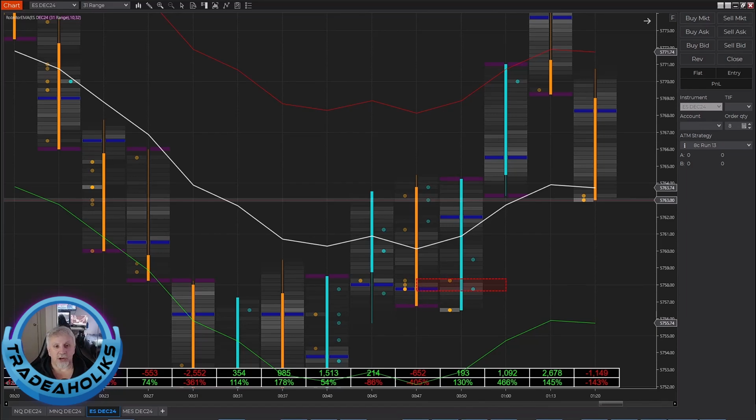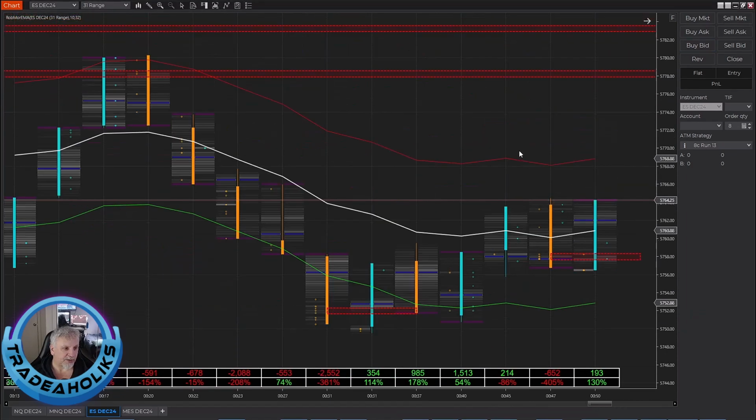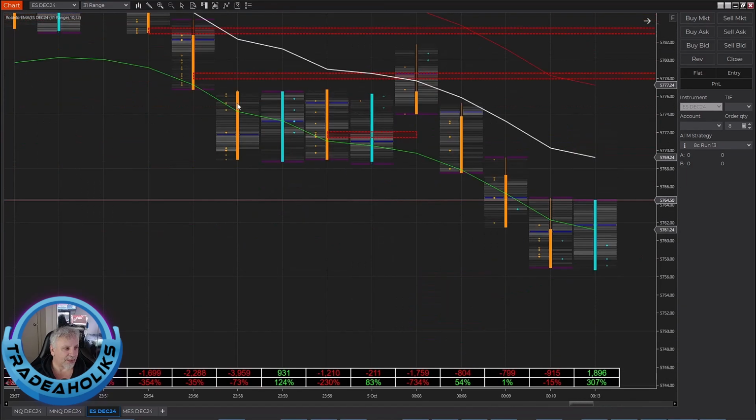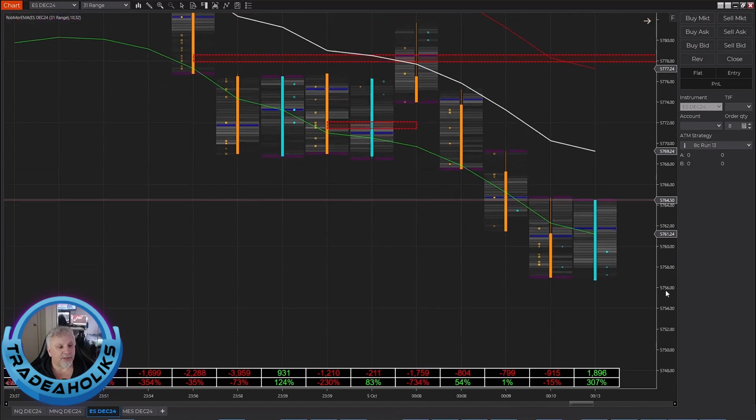Now, you can also use that when you see these big boxes like this. You'll see them up there. Can you see those? If we follow that, I hope you'll see where they're derived from. They're called derived areas, which is basically a stacked imbalance, and it just marks it out because they can be used as support and resistance as well.